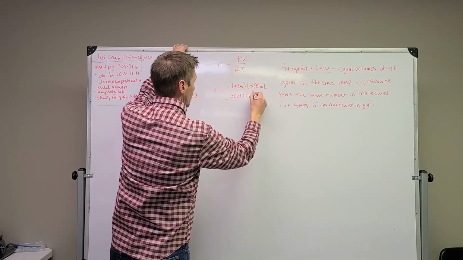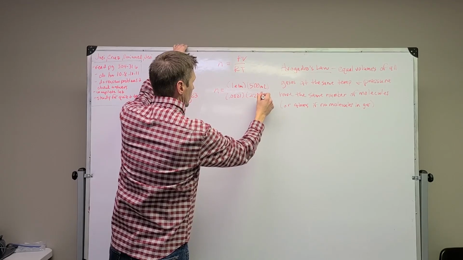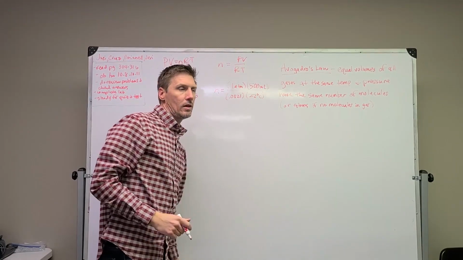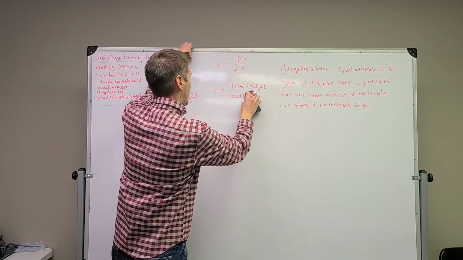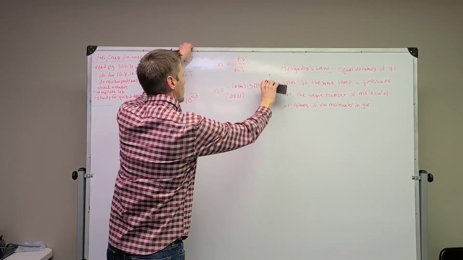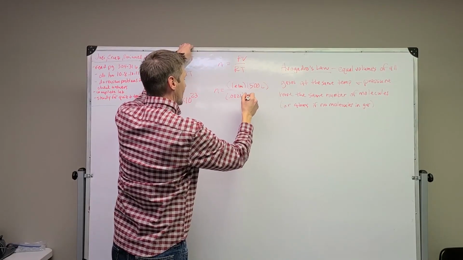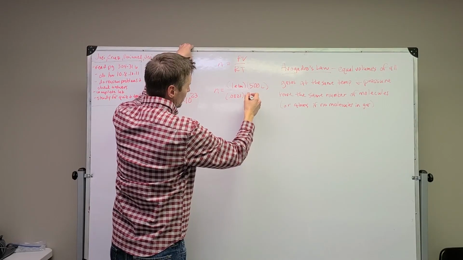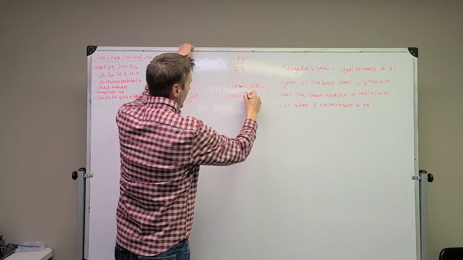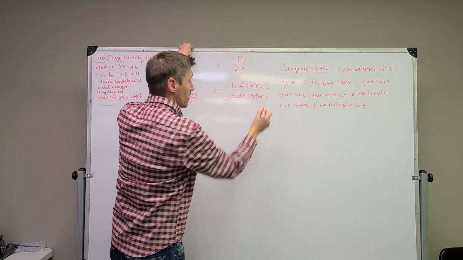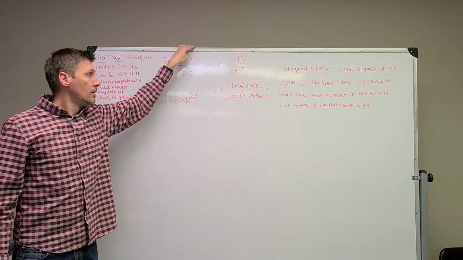Let's say our temperature is 22 degrees Celsius. We'd have to say it in Kelvin. Wouldn't you have to say the volume is liters, not milliliters? I would, thank you. All right, we'll do 500 liters, and instead of 290, we'll say 295 K.